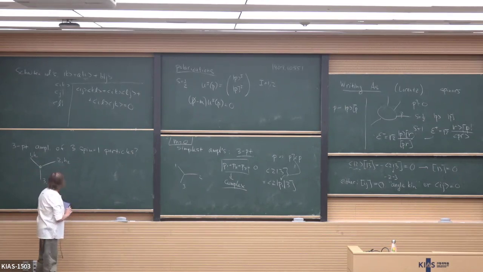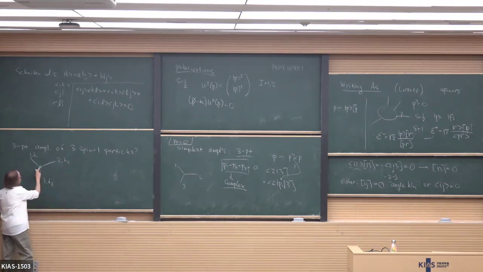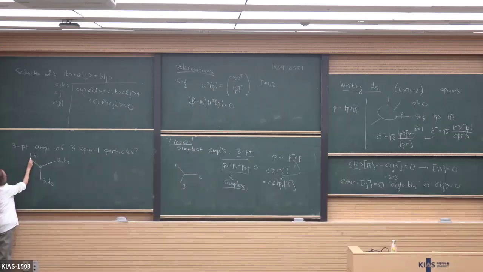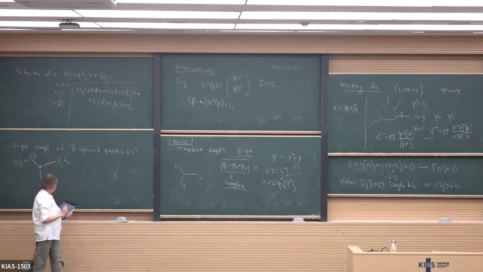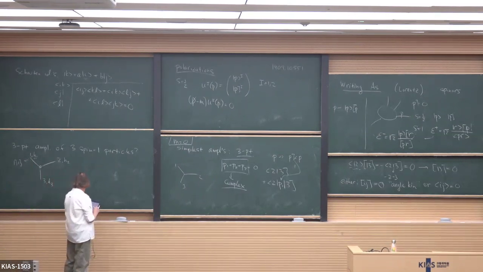First of all, let's just look at the Lorentz structure. We said before that since these guys are spin 1, if, for example, this H1 is +1, then I should have 2 spinors, square 1, and similarly for the other guys.